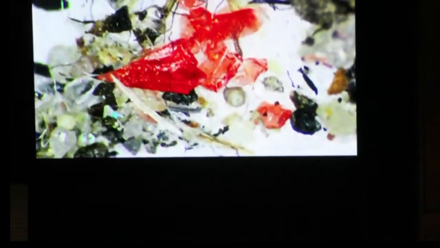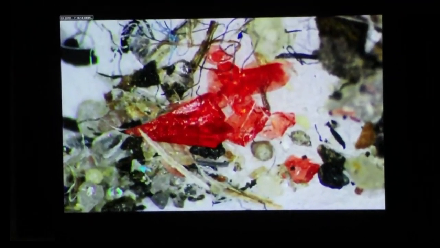Can we have 201D put up one more time? Mr. Brennan just asked you if you made note of these little red pieces, correct? Correct.